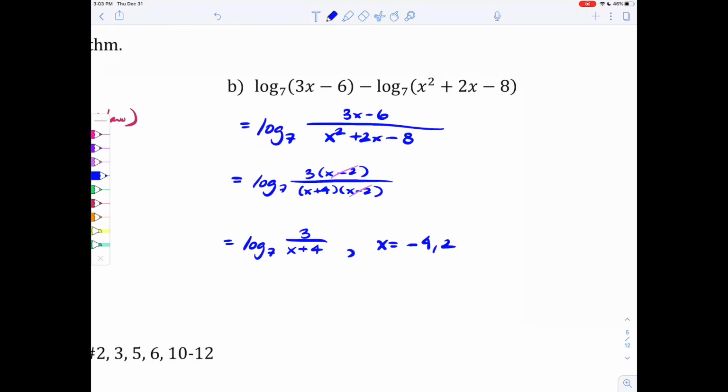But from here we can see that no, it would be bad. There are actually other reasons to say that it can't be those values, and that's just based on the restrictions on the argument of a log function. But it's not necessary for us to get into here. If you want me to go over it with you, just let me know and I can do that.